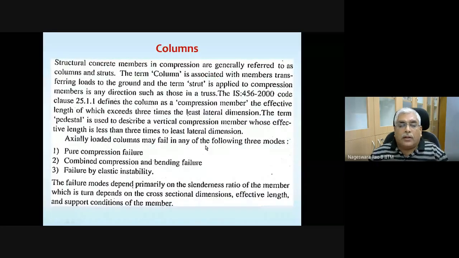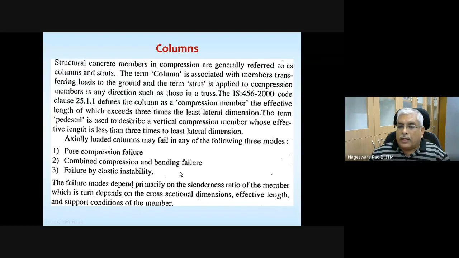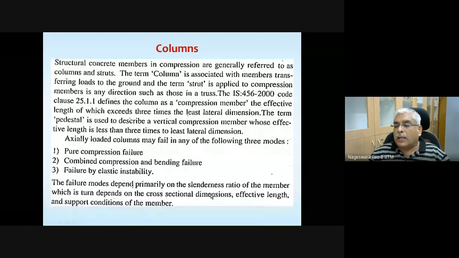So depending on the failure modes, pure compression failure, combined compression bending failure, failure by inelastic stability, the failure depends on the slenderness ratio of the member and also cross-sectional dimensions, effective length, and support conditions of the member.